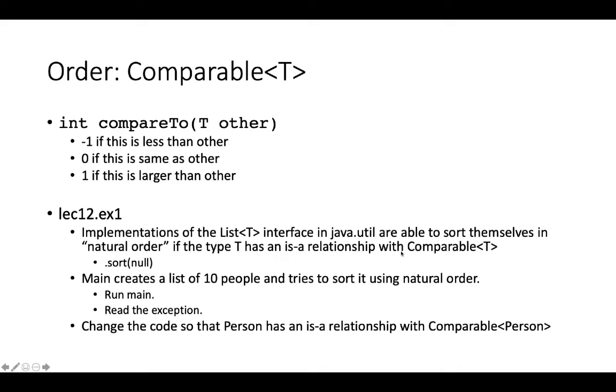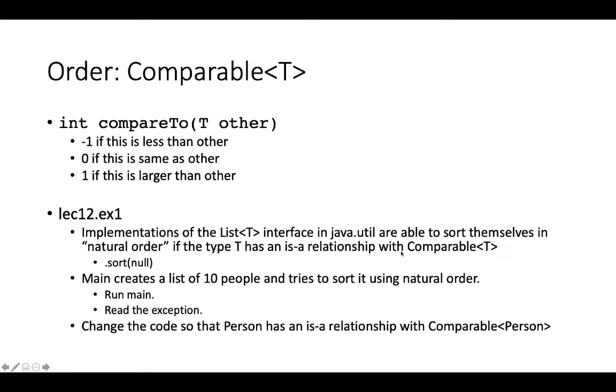So in order to sort something, the very first thing we need to do is be able to compare two things. There is an interface in Java called Comparable of type T, which essentially defines the idea that an object can compare itself to some other object of a particular type, right?